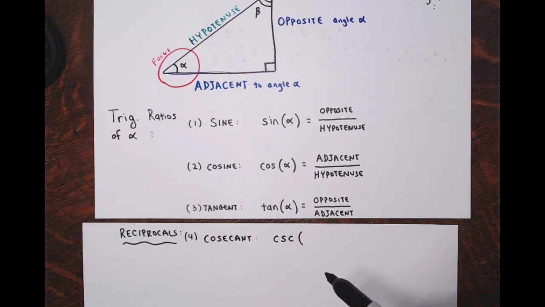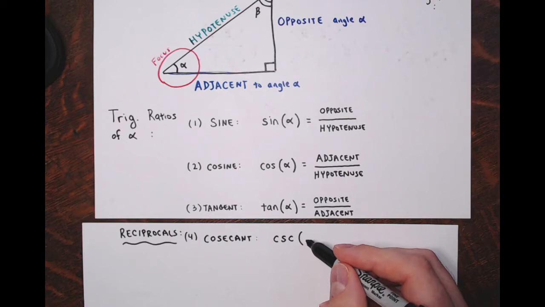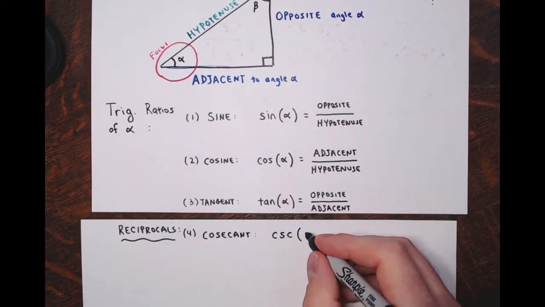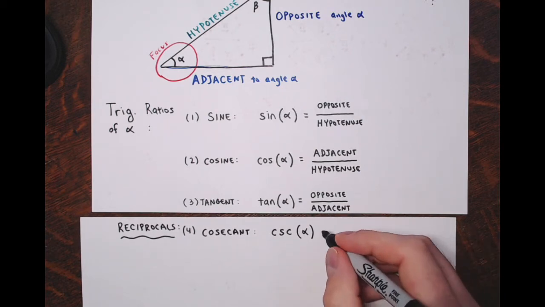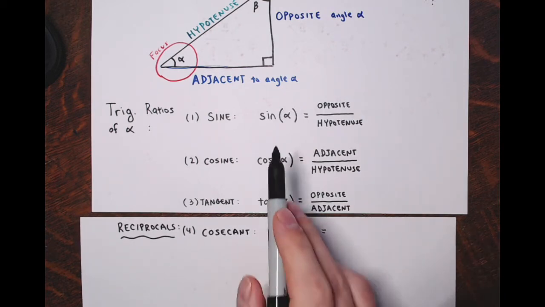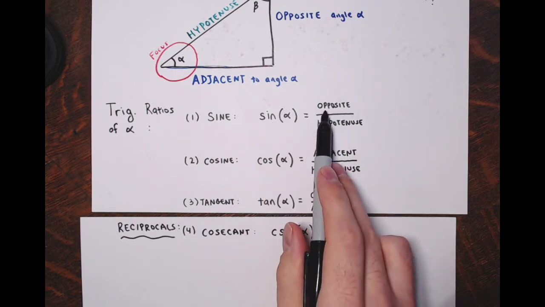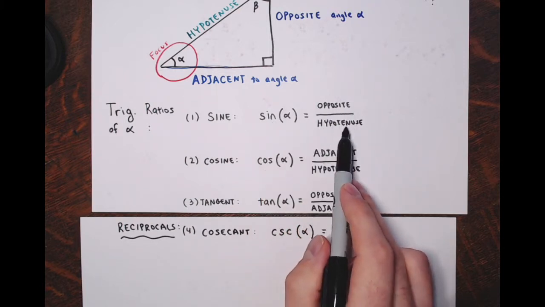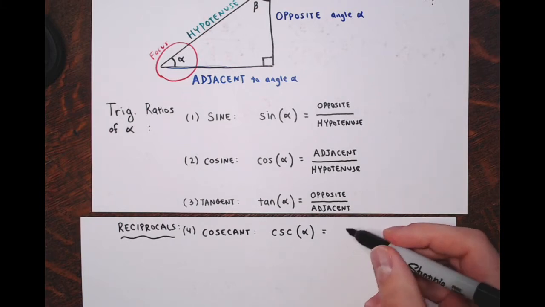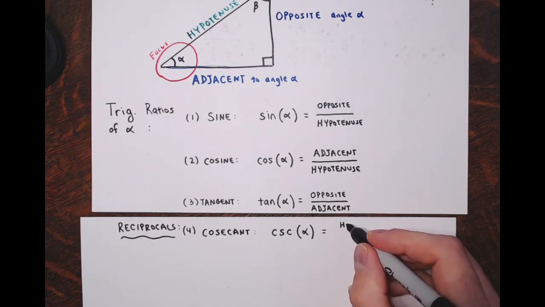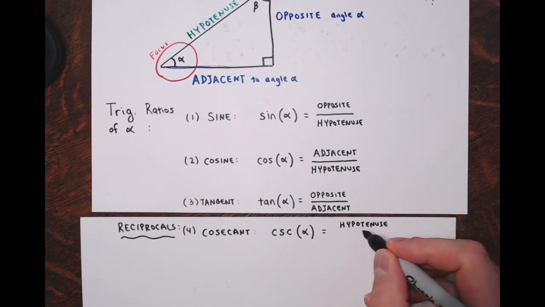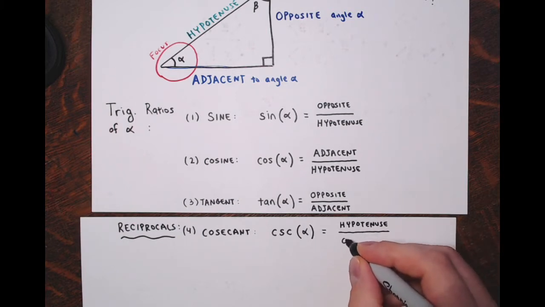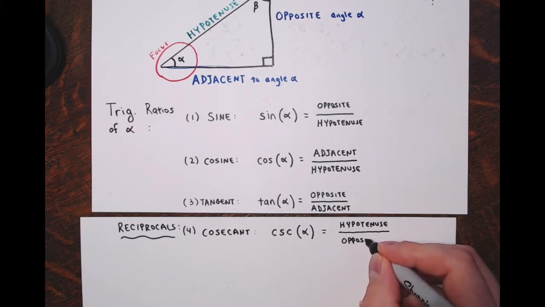Again, the input is some angle measure, and we're focusing on angle alpha here. As I said, this is the reciprocal of the sine. So the sine ratio was the side opposite divided by the hypotenuse. You flip that over, so the cosecant of angle alpha is the length of the hypotenuse divided by the length of the side opposite alpha.